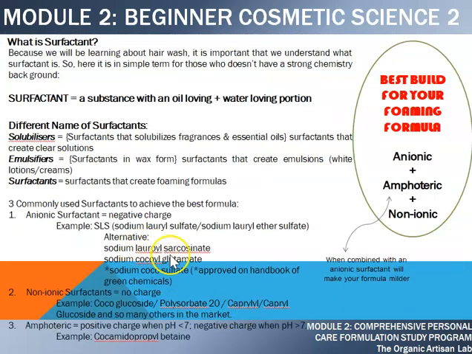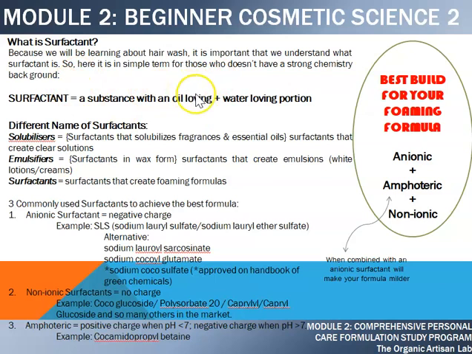Okay, what is a surfactant? Because we will be learning about hair wash, it is important that we understand what a surfactant is. So to make it really simple for those who don't have a strong chemistry background, for entrepreneurs, for those who are treating this course as a hobby, this is as simple as I can give to you.